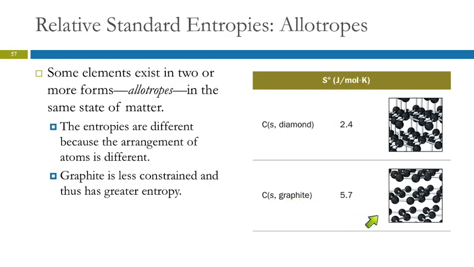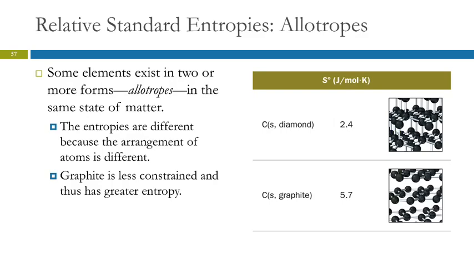Graphite is composed of layers, two-dimensional layers of carbon atoms bonded to each other, but held together between the layers only by intermolecular forces. And so that makes graphite slippery because the layers can slide. So these are two different forms of carbon. They are both pure carbon.